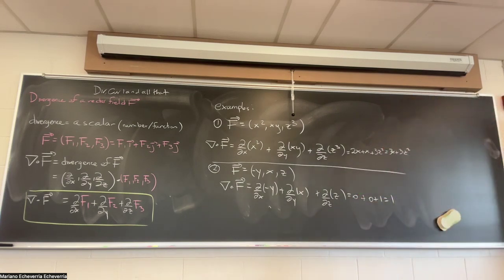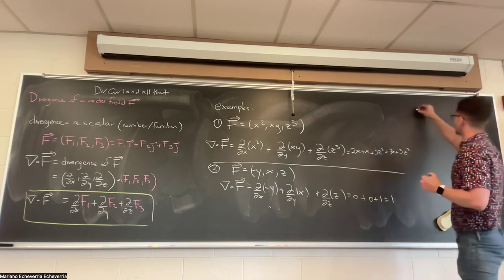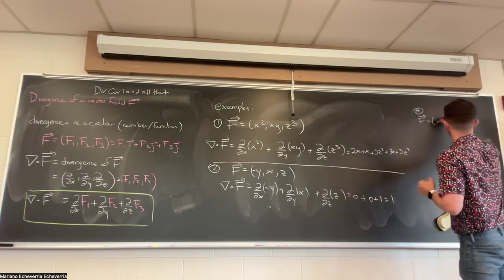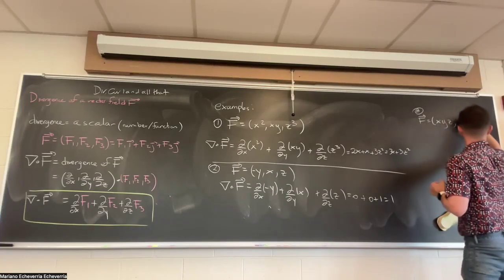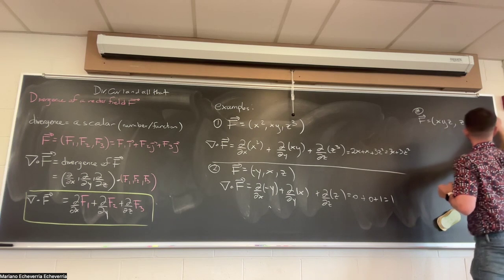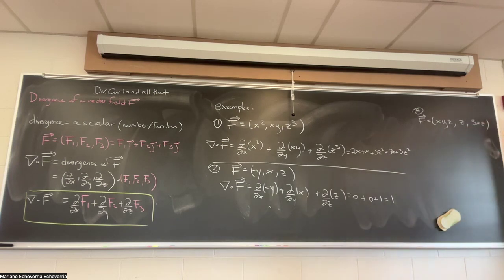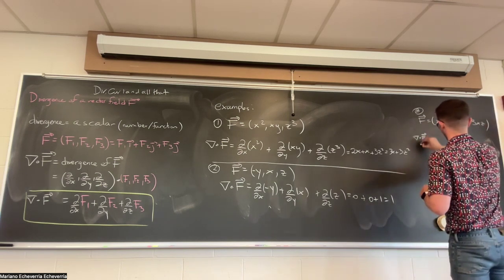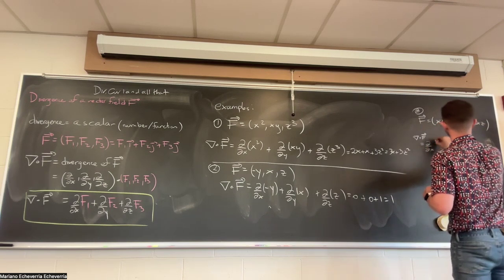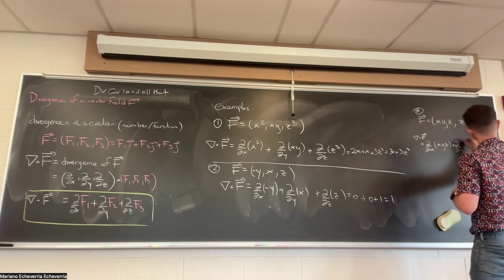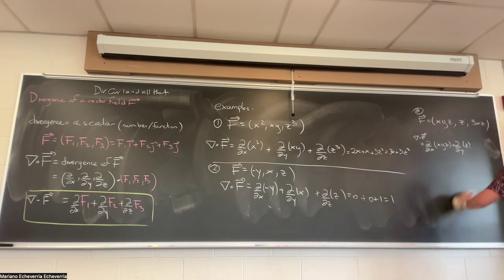Okay. And then just to do one more. It's really just adding a bunch of partial derivatives, but there's not much to say in terms of how to do it, but at least I should put another one.